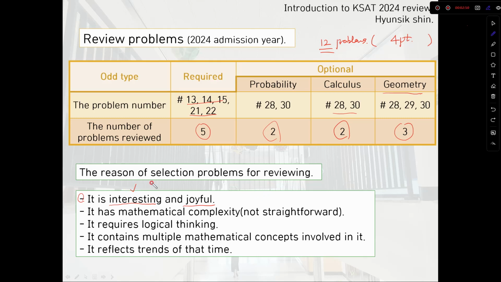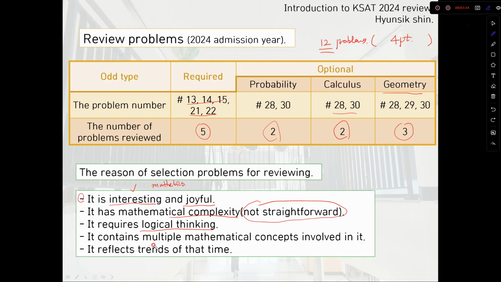Interesting means interesting in terms of mathematics. That means it requires logical thinking and has some level of complexity. The problem should not be straightforward. I don't favor reviewing straightforward problems because I believe you can do those by yourself.